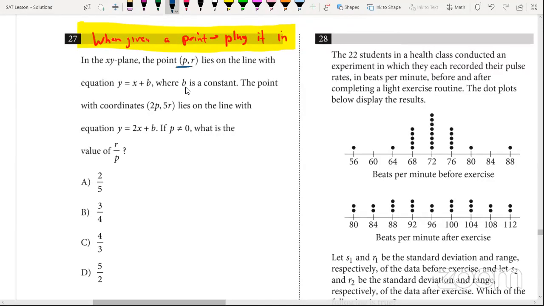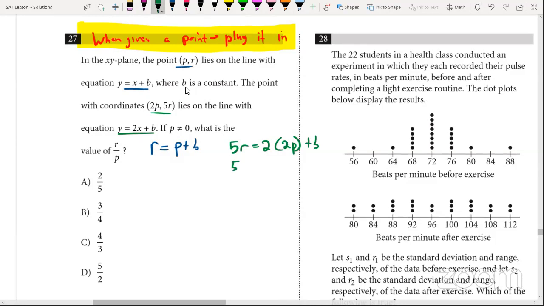So here we have P, R on this line. So x is P when y is R. So we'll plug that in. y is R when x is P. And they're saying that this point lies on this line. So y is 5R when x is 2P. So 5R equals 2 times 2P plus b.